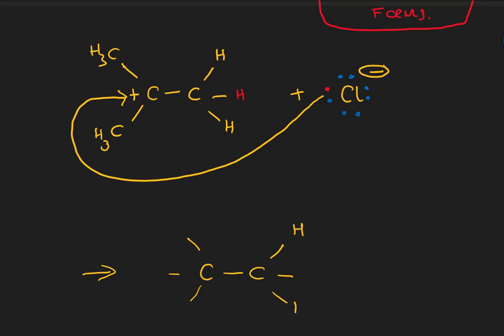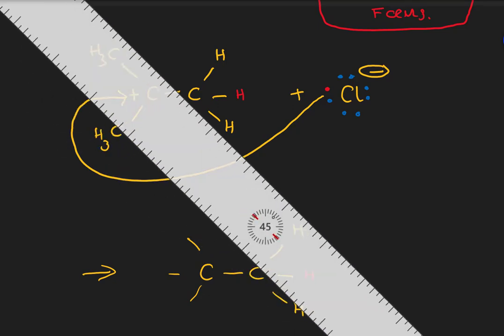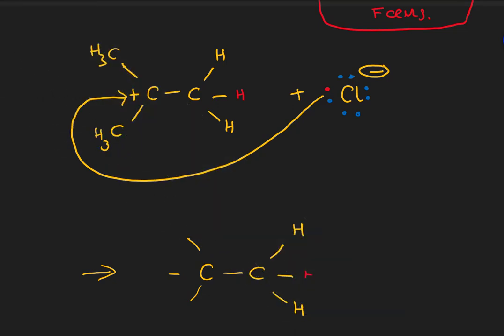So we have our hydrogens here. We have our red hydrogen from earlier. And we have our methyl groups here. And we have a chlorine group here.